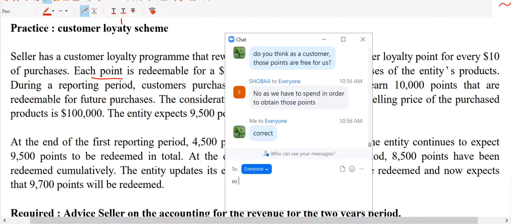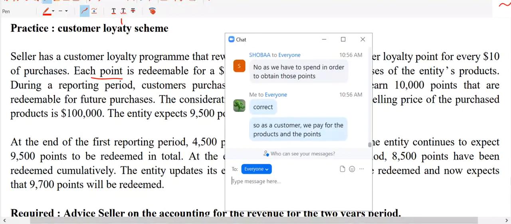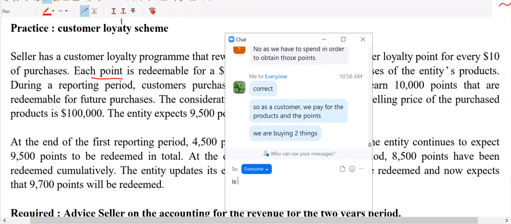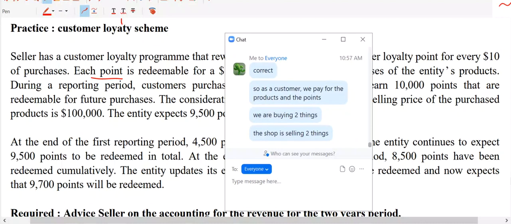Correct. So, as a customer, we pay for the product and the points. We are buying two things. The shop is selling two things here. Okay. Now we've got two things, right?